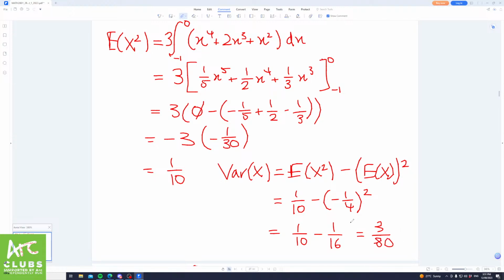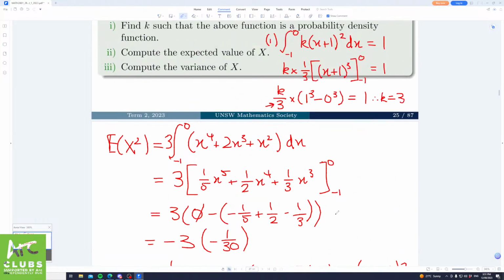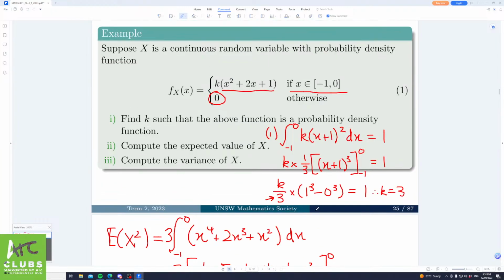Yeah, 3 on 80. And var is always going to be a positive number. So the fact we got a positive number is a reassuring thing. And that's the end of that question.